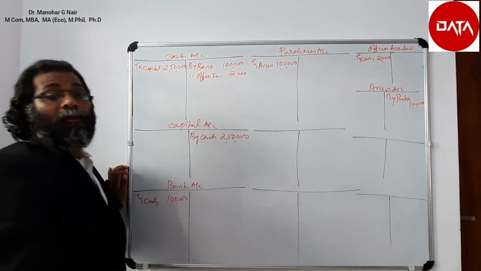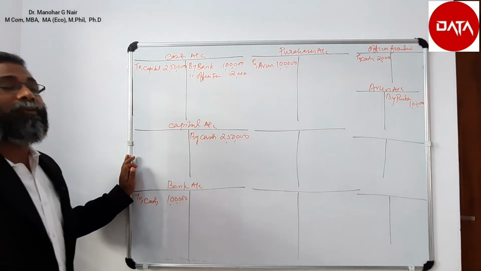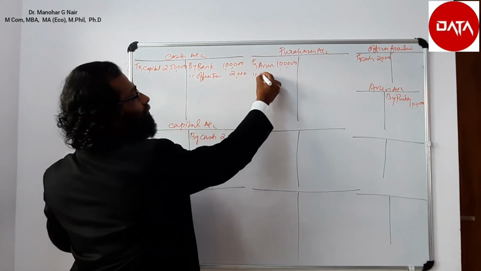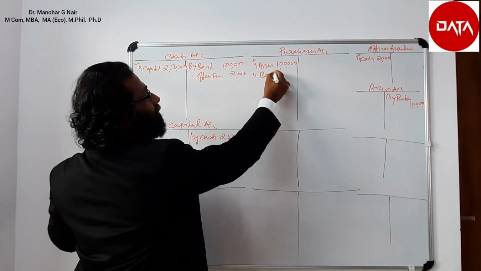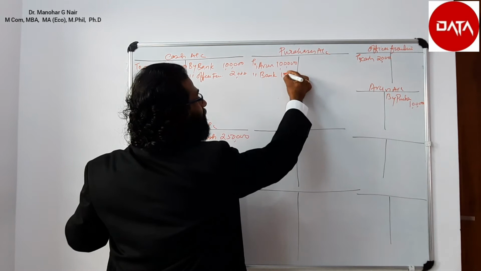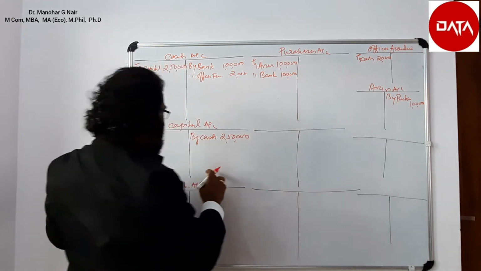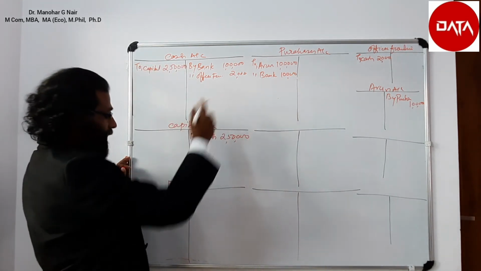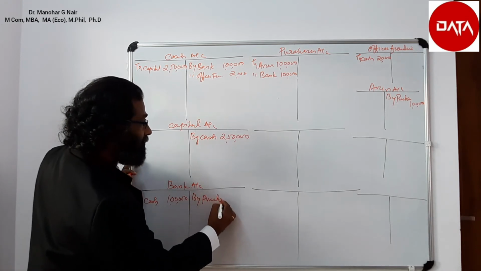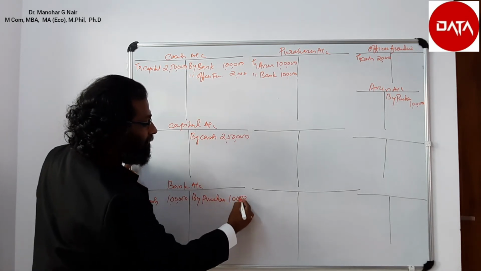Now the next transaction is purchase account debtor to bank. So we already have the purchase account. To bank, value 10,000. So we have the bank account. In the bank account, by purchases, value 10,000.